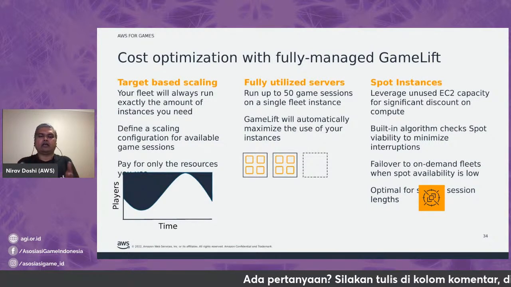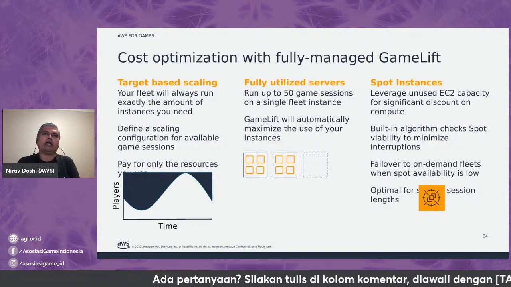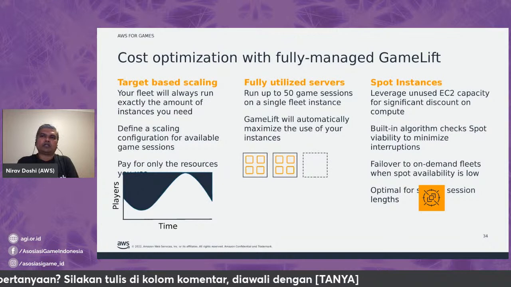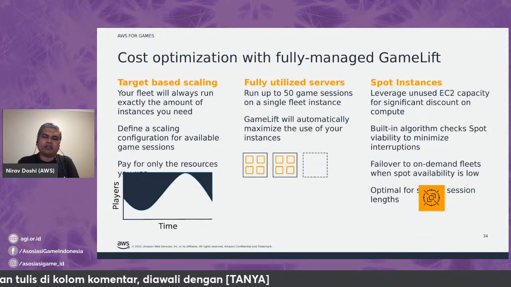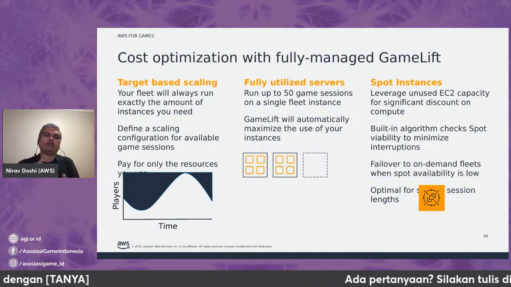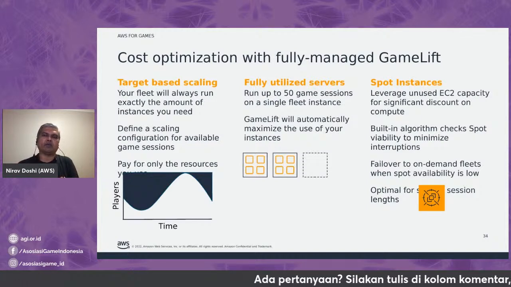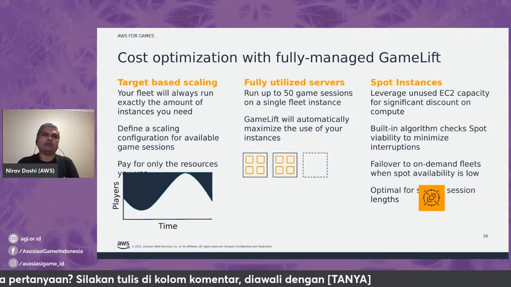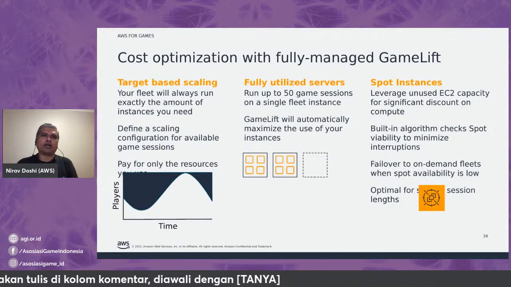You can create a fleet, and based on the number of players who come in, it can be scaled out. This is what we call target based scaling. If the demand for the game is high, GameLift will automatically scale your fleet, and it will provide you with more game instances for your players to connect into.